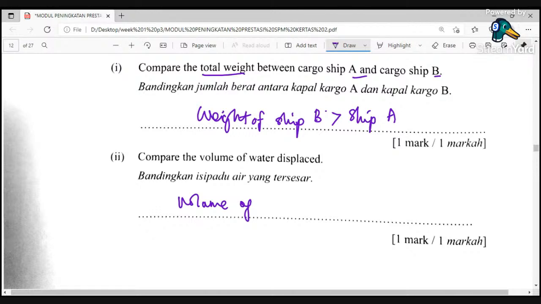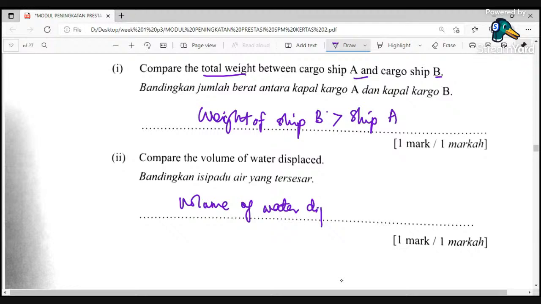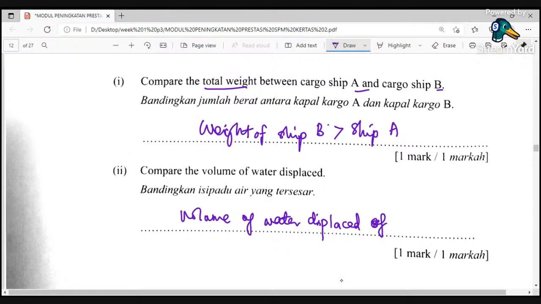Itu adalah volume of water displaced of ship B is larger than ship A. Sebab dia lebih berat, dia akan tenggelam lebih dalam jadi lebih banyak lah volume of water displaced. Okay.